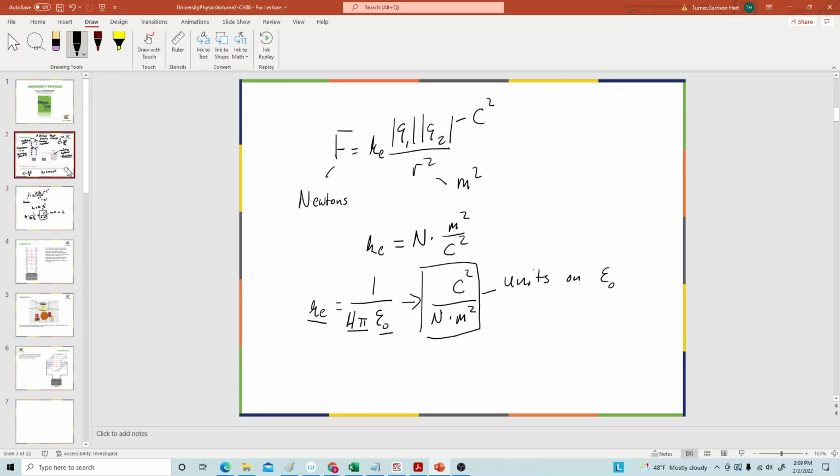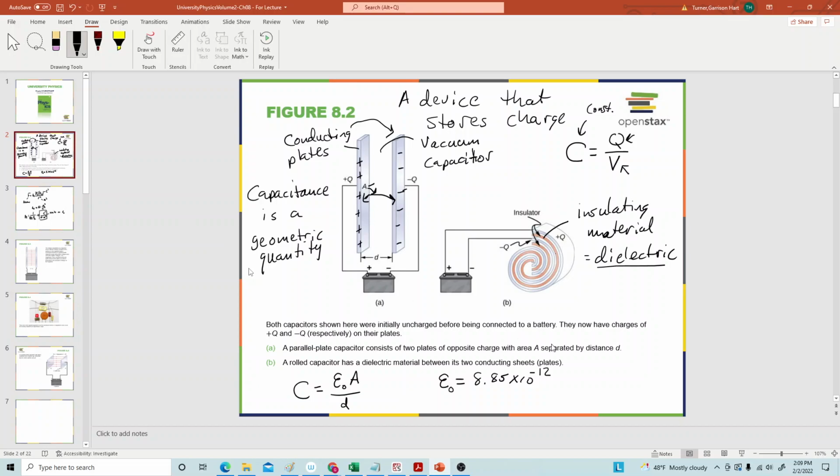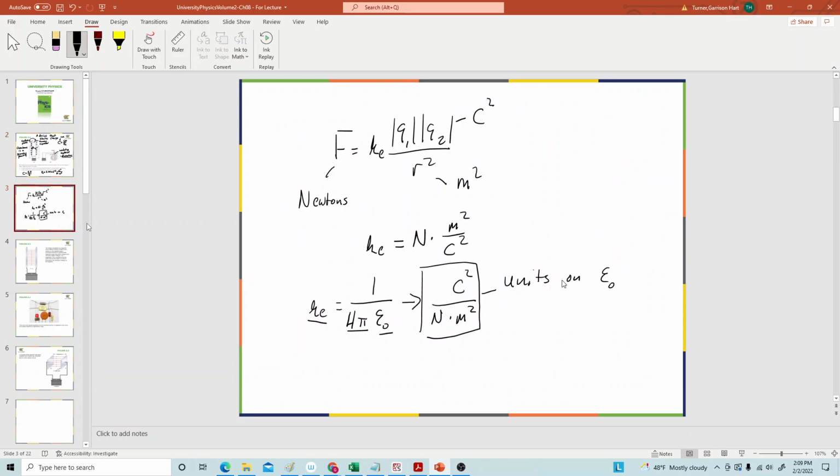Okay? And what this number represents is the permittivity of free space.